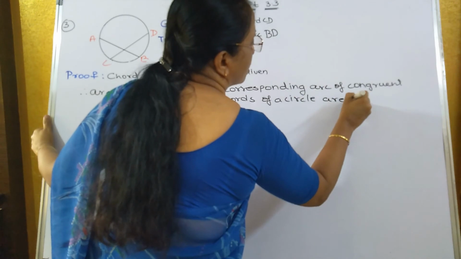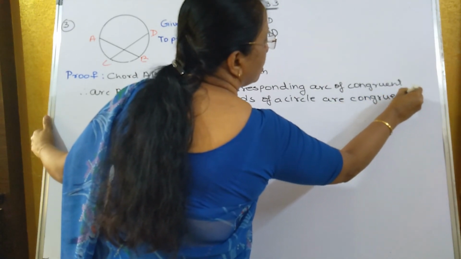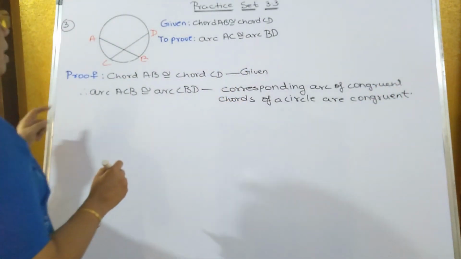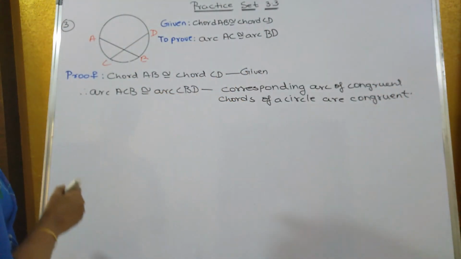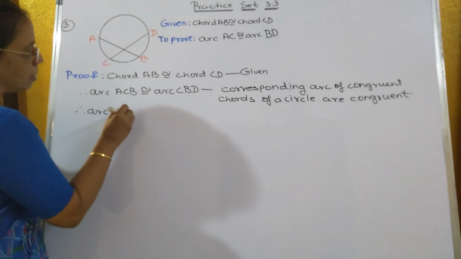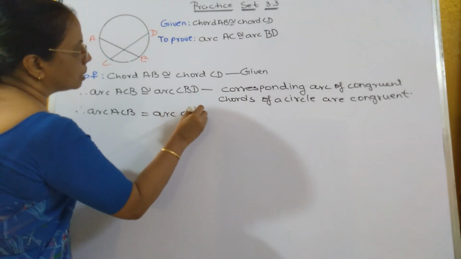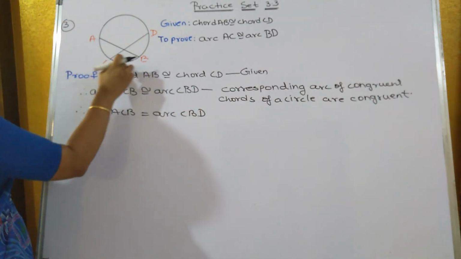You always have to write this reason. So if the chords are congruent, then the arcs corresponding to them will be congruent. So arc ACB is congruent to arc CBD. Therefore, arc ACB is equal to arc CBD.